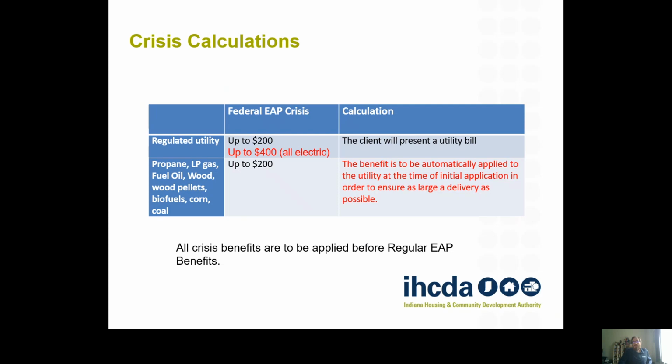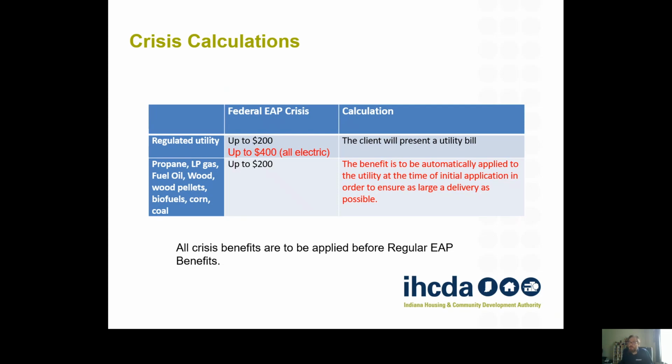And if they heat with one of our unregulated utilities, propane, LP, fuel oil, wood pellets, biofuel, corn, or coal, then they are eligible for up to $200 crisis on that.